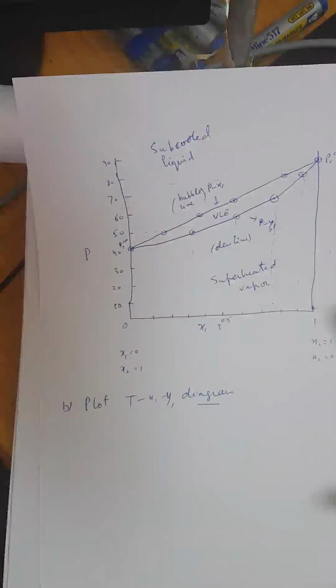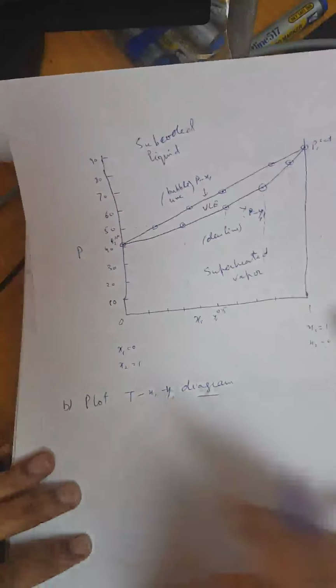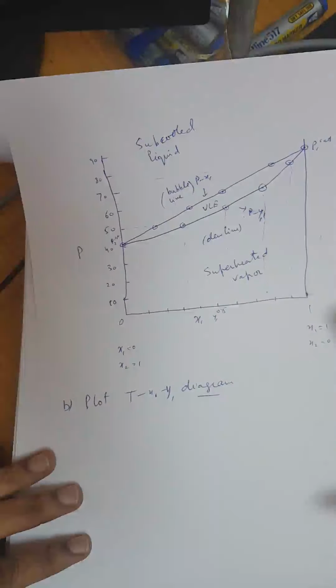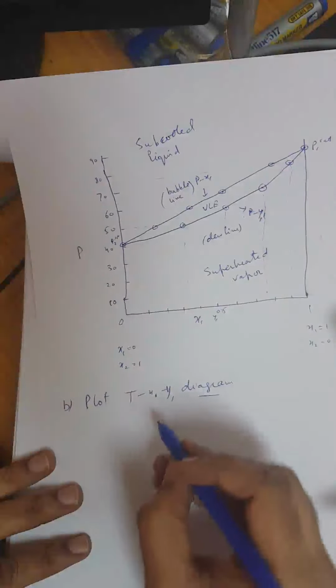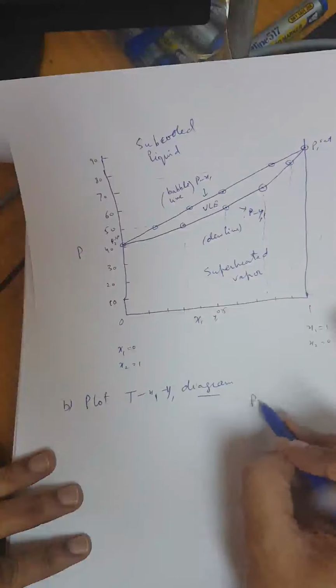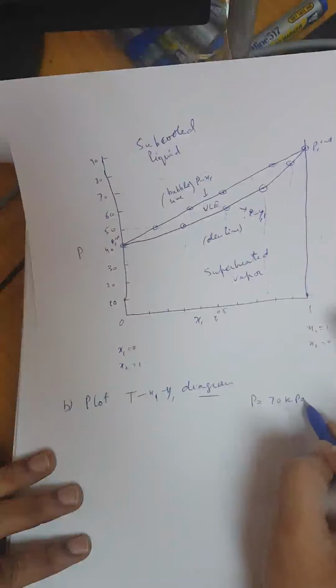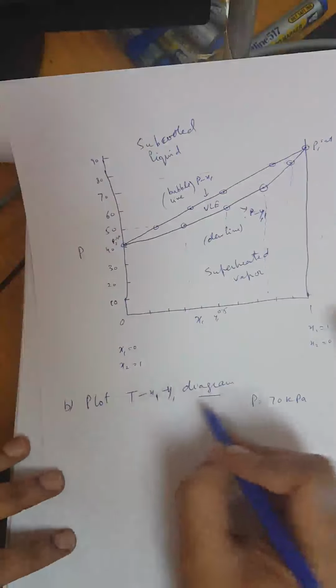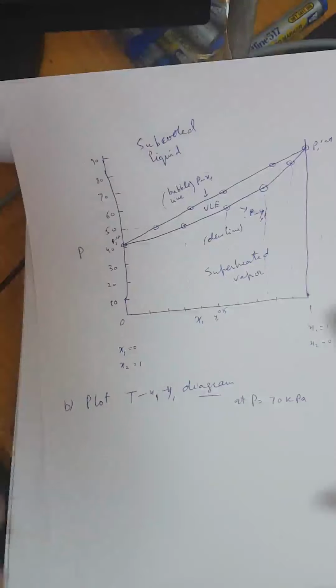For that case, the temperature is not given, so we need to plot. The pressure is given, 70 kilopascal. Only one piece of information is given. So we can say plot at this pressure.